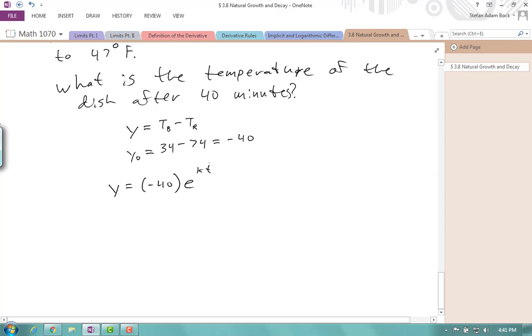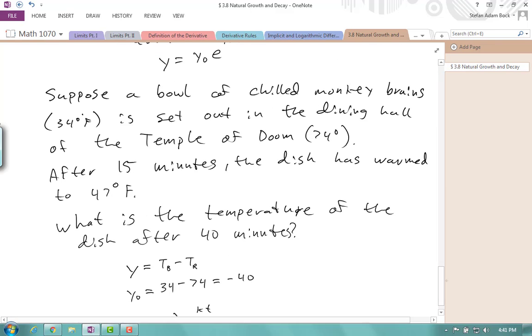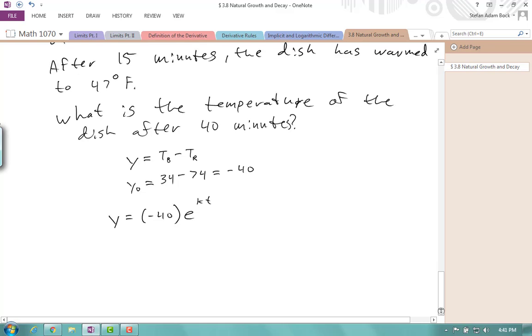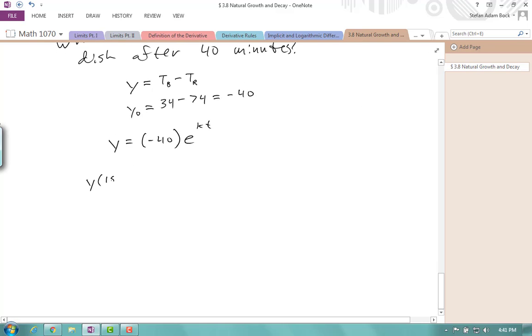Now our first task, as always, is going to try to find out what this k is. Now, it tells me that after 15 minutes the bowl has warmed to 47 degrees. I'm going to use that. Which means y after 15 minutes is 47 minus 74. Don't forget this. And if I take this difference, I get negative 27.